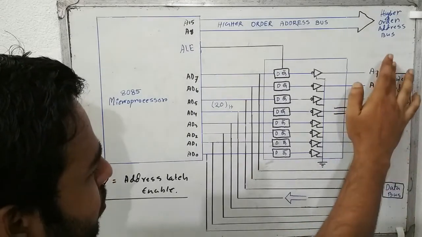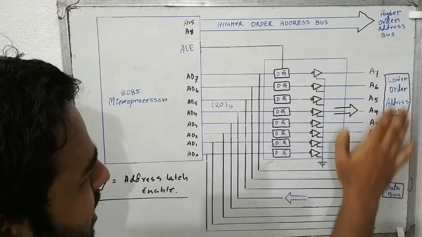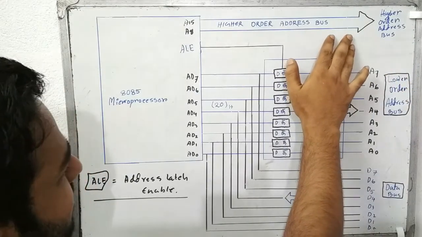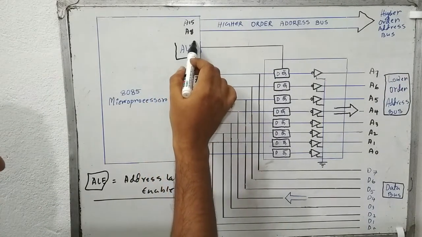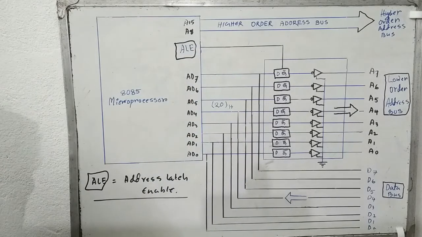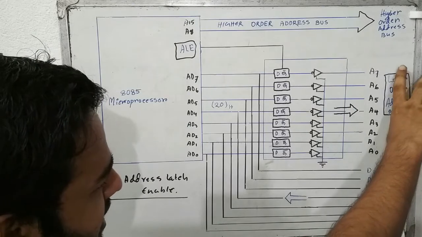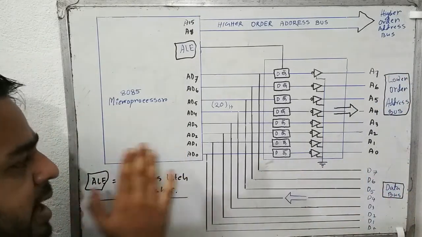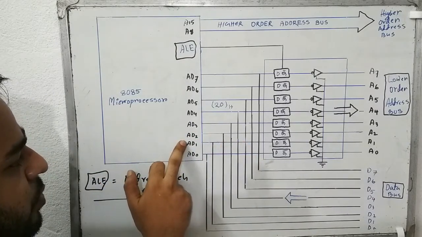This is the lower order address bus, 8 address lines, and this is the higher order address bus, which also has 8 address lines. The signal we were looking for was ALE, address latch enable. If we multiplex this lower order address line with this data line, we call the signal multiplexed address data line, that you can see, AD0, AD1, AD2.